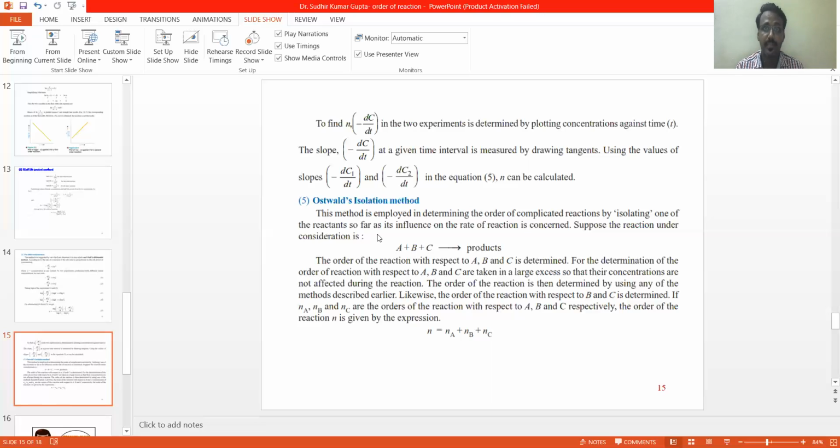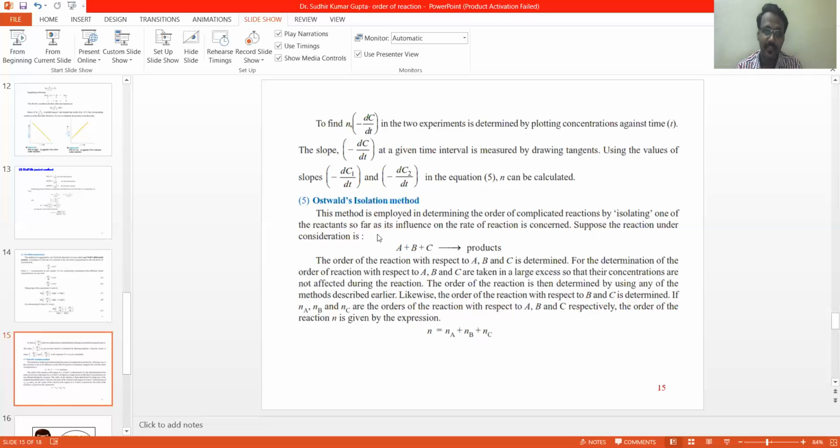We will get to know the order of reaction with respect to B. This will be a pseudo order reaction whose order will depend only upon B, because the concentration of A and C is very high. So practically the change is negligible. Similarly, we will get the order of reaction with respect to C by keeping the concentration of A and B very high. So the overall order of the reaction will be given by n is equal to Na plus Nb plus Nc.